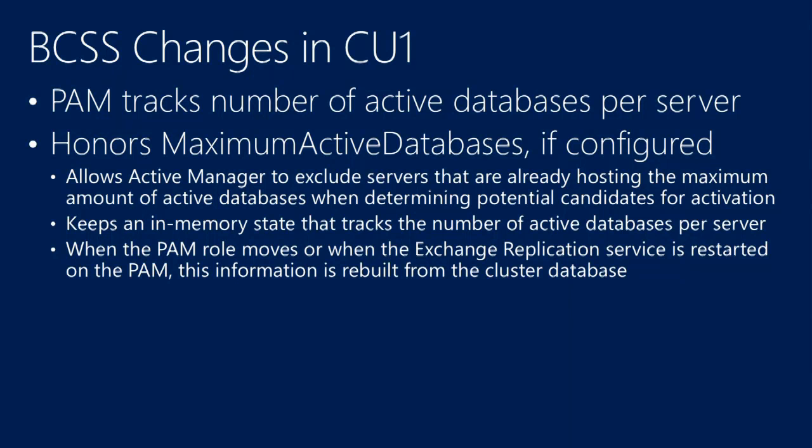Now, because we're tracking that ahead of time, any servers that are already at their limit, we don't even factor in. We know we can't mount on them, so we keep better tracking of that, and as a result, we're not thrashing that failover process. And in fact, failover in particular is pretty much twice as fast in Exchange 2013 as it was in 2010.